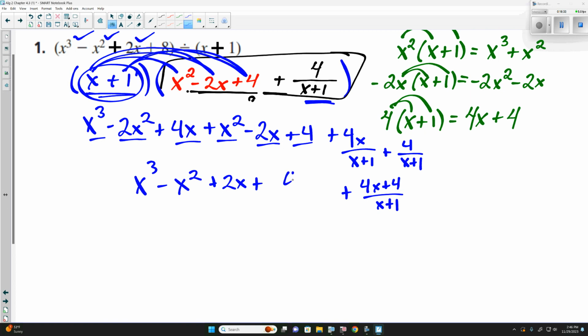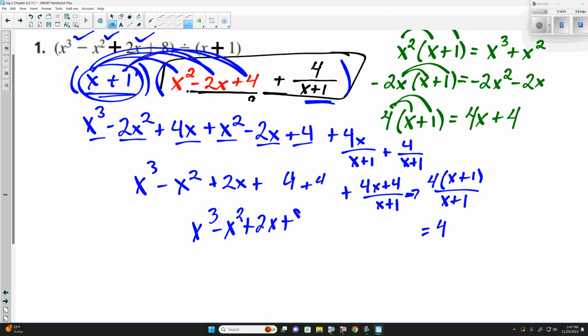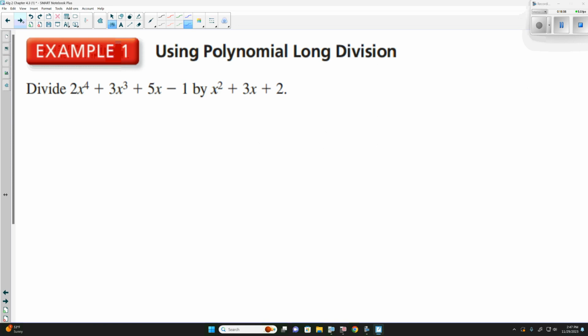This last part over here ends up simplifying to 4 because we can factor the 4 out, giving us x plus 1 over x plus 1, which is 4. And our 4 plus 4 here would give us 8. But that's beside the point. I did that there just so that y'all could see that we can multiply that back out and get back to where we start, but it's not necessary for these here.